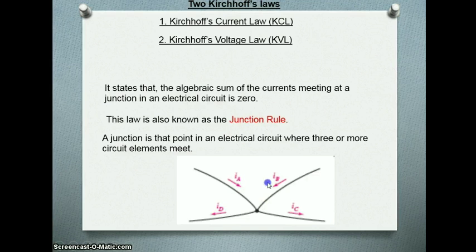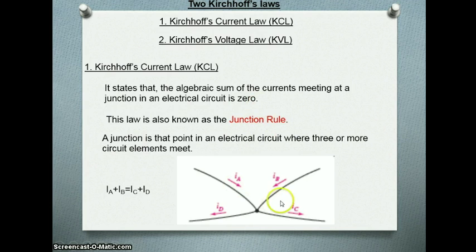If you look at the directions of the current, IA and IB are entering the junction, ID and IC are leaving the junction. So according to the rule, IA plus IB, that is the total current entering the junction, should be equal to ID plus IC, that is the total current leaving the junction. In other words, no current should remain at the junction. If there is a current entering, it should leave by some other branch.